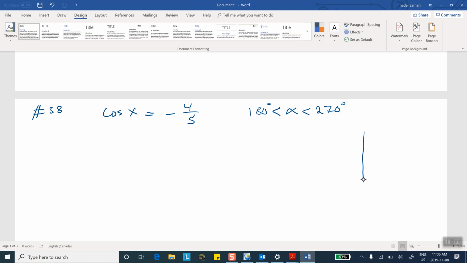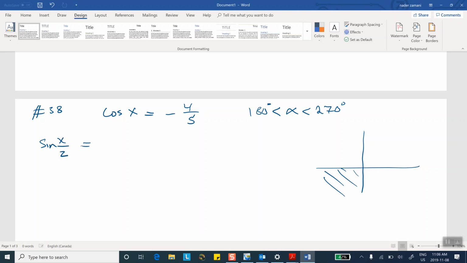First of all, let's find out where that is. So 180 and 270 is right here. Just remember that. We are asked to find sine of x over 2.